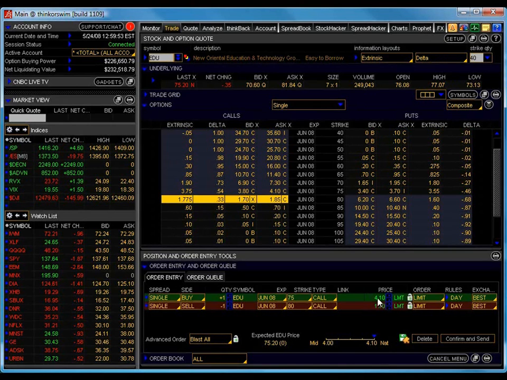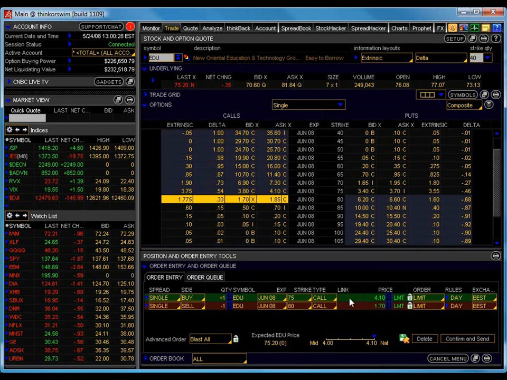Well, we just calculated the spread costs $2.40. The difference between the strike prices is $5. The difference between the $5 strikes and the $2.40 that we purchased this spread for is $2.60. $2.60, if we hold this all the way to the expiration in June, is the maximum amount of money that we'll make on this spread.